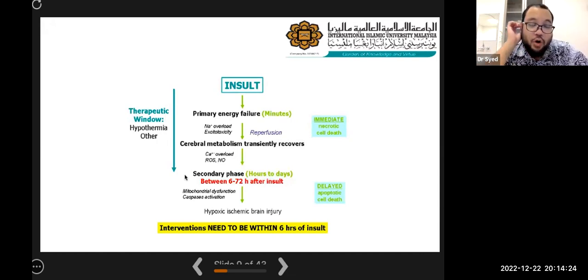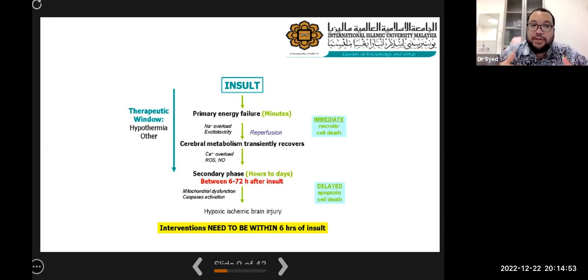ROS ni is reactive oxygen species. Reactive oxygen species ni contohnya apa? Contohnya macam superoxide, contohnya macam peroxide, contohnya macam singlet oxygen. So these are all oxygen free radicals. So semua ni can cause lots of damage to the tissue.